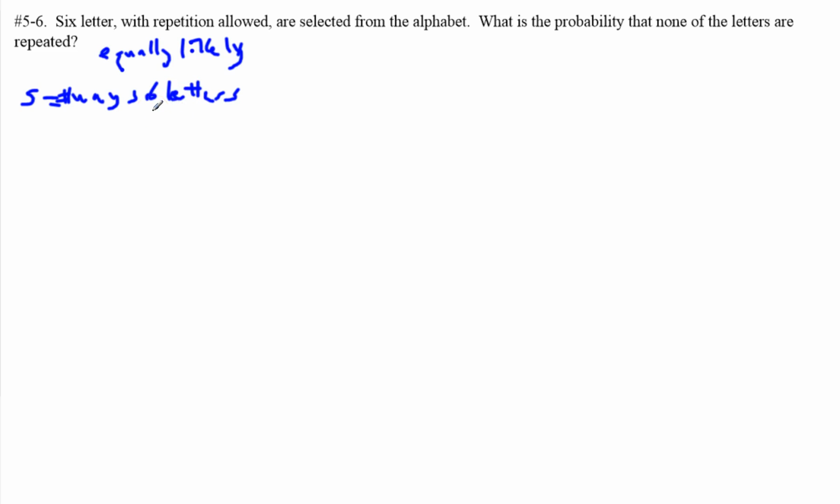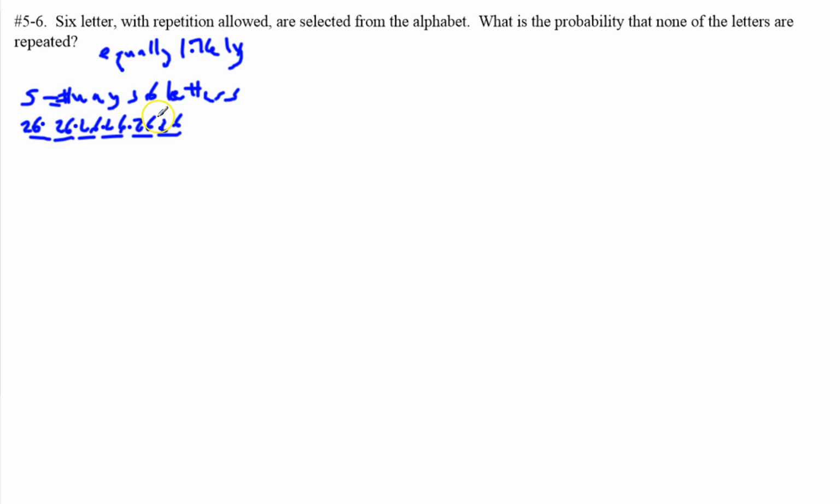And a good strategy for that would be the multiplication principle. We can say there are 6 choices to make, so I'll make a box, 1, 2, 3, 4, 5, 6 for each of the choices. And then I'll go back and fill in each box with the number of ways to make the choices. There are 26 letters in the alphabet, so there would be 26 ways to choose the first letter, 26 for the second, 26 for the third, and so on. All of these would be 26. And then the multiplication principle says I would multiply each of those together.